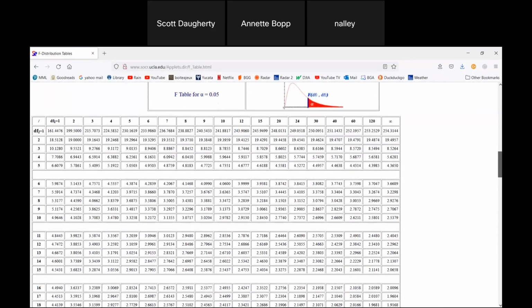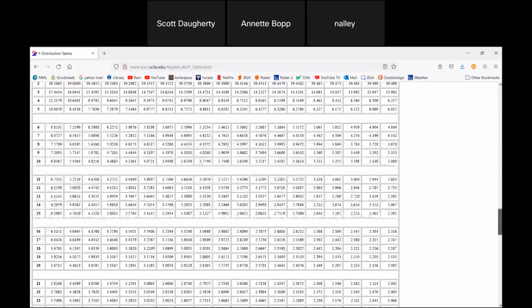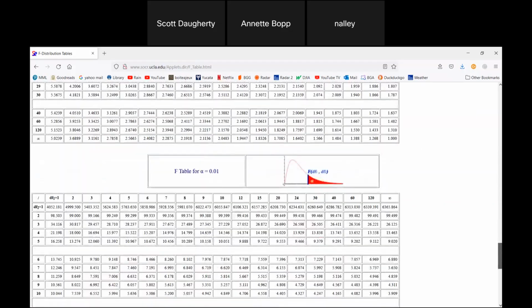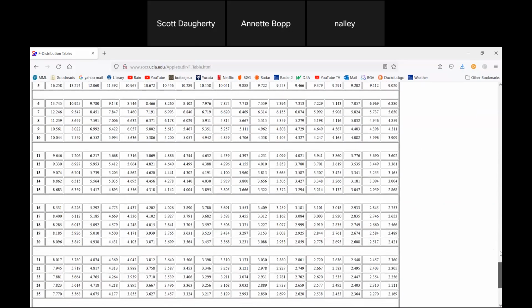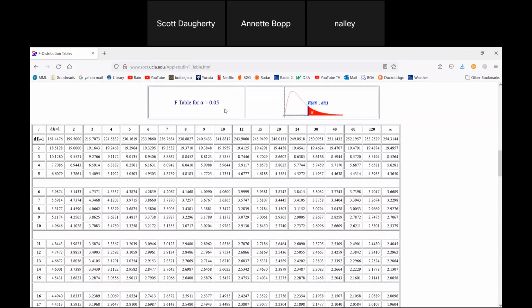And so this is the table that we need. If you keep scrolling down, there's another one that says if the area is 0.025 in the right tail, you would use this table, okay? And then 0.01 in the right tail. So you need to find the correct table first, okay? And this is the correct table for us because that's the amount of area we have in this right tail.